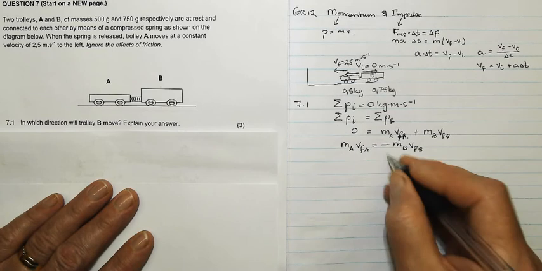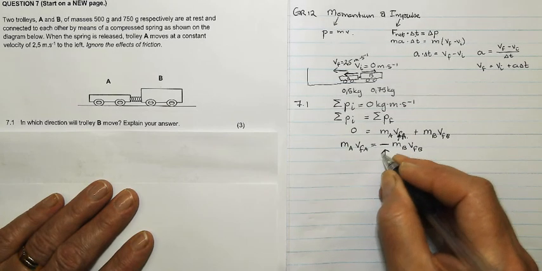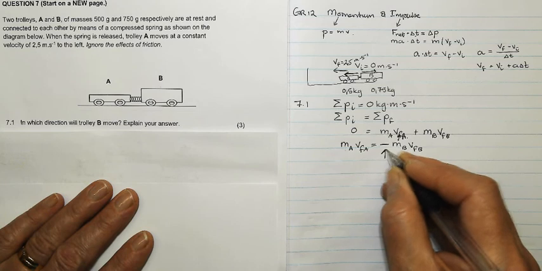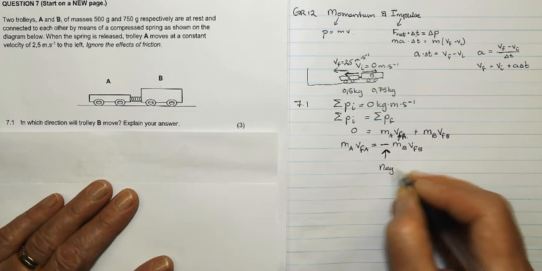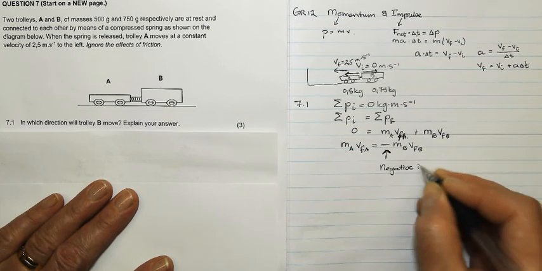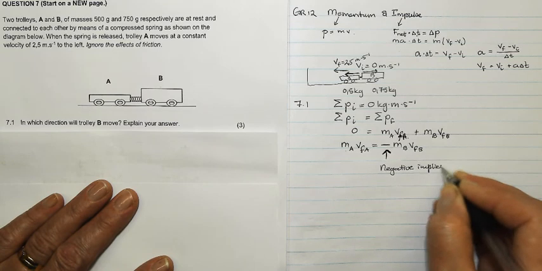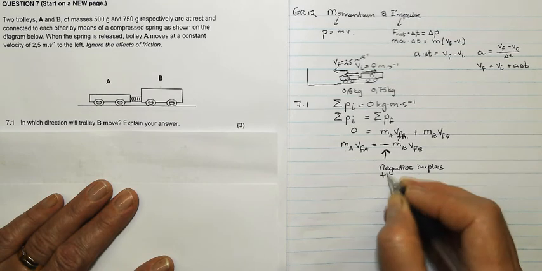So it's all about the negative. When we work with vector quantities, a negative implies the opposite direction.